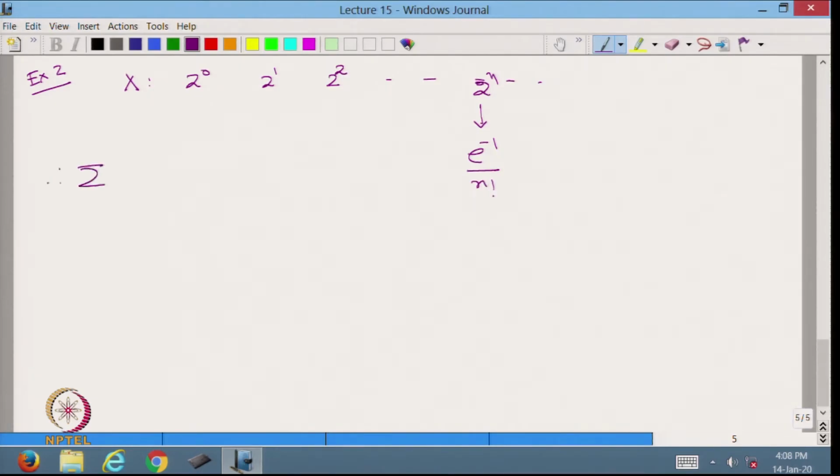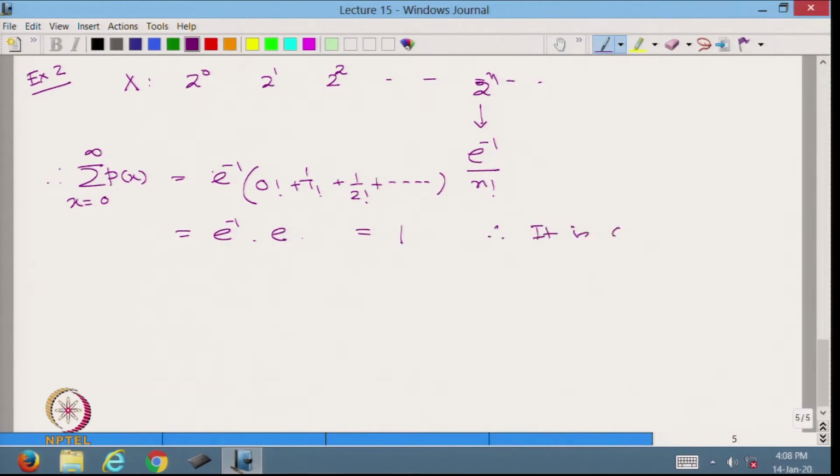Therefore, the sum of Px, x from 0 to infinity, is equal to e to the power minus 1 into (1 upon 0 factorial plus 1 upon 1 factorial plus 1 upon 2 factorial plus etc.), which is equal to e to the power minus 1 into e, which is 1. Therefore, it is a valid PMF.